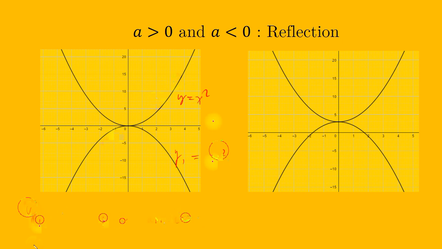So let us say y, when I say y, I'm talking about this graph. Y is being reflected along, so what is the axis of reflection?